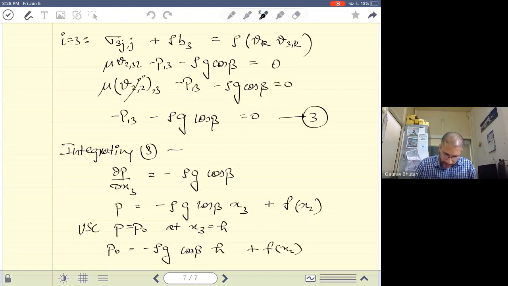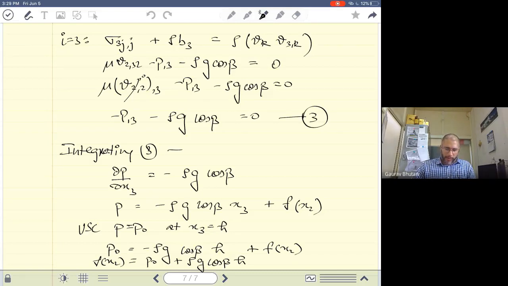So basically our f of x2 is P naught plus rho g cos beta times h. Okay, so f as a function of x2 actually is not a function of x2. It's only a function of P naught and h.